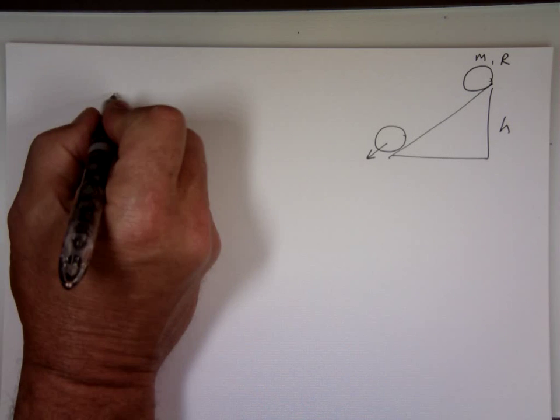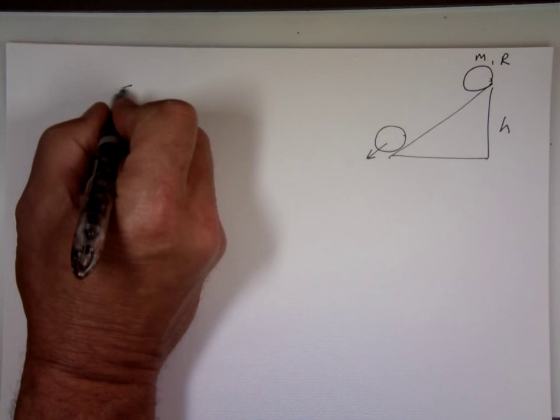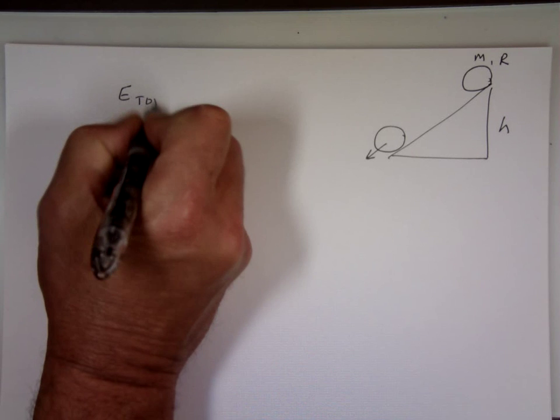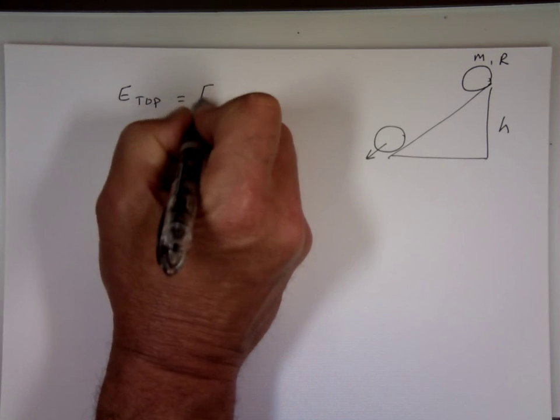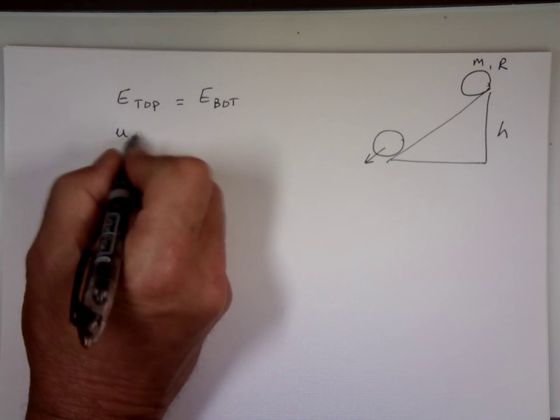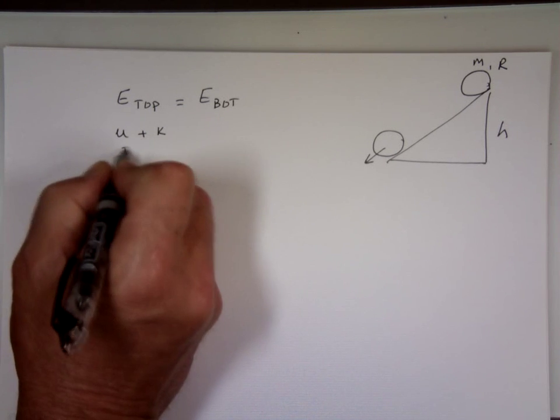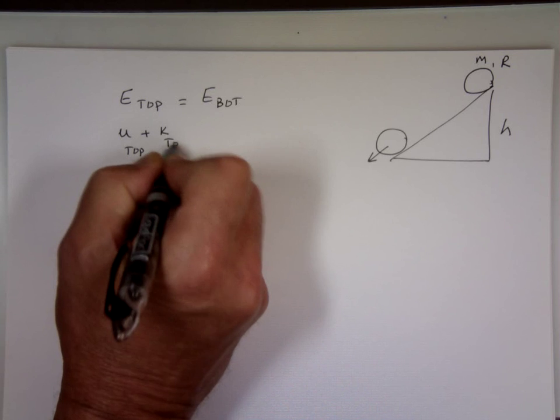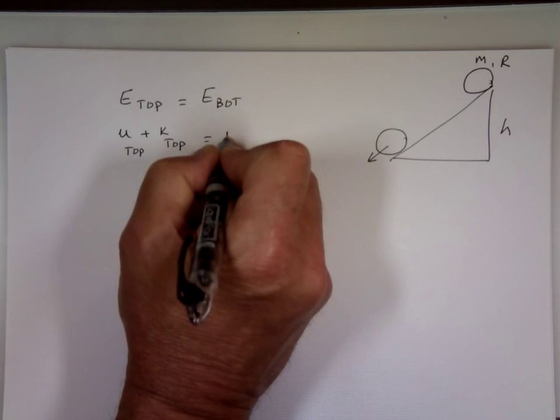Again, neglect friction. We have conservation of energy. The potential and the kinetic at the top should equal the potential and the kinetic at the bottom.